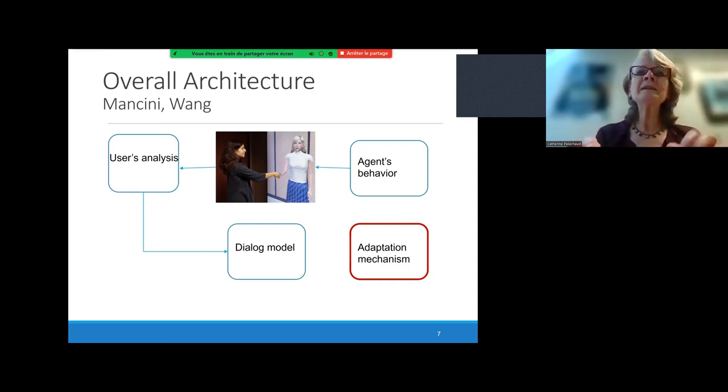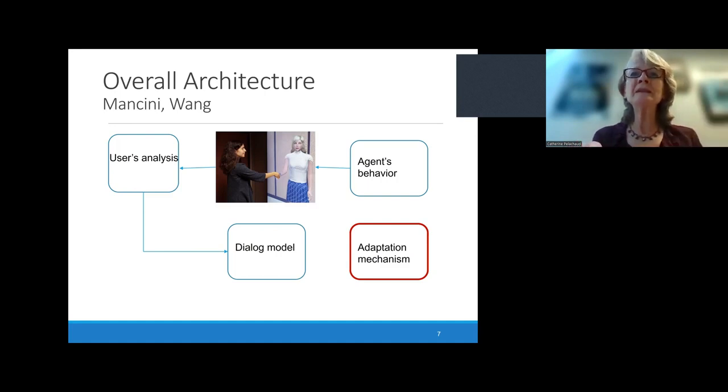The signals extracted and interpreted are sent to the dialogue model that triggers what the agent should say next. Afterwards, our agent platform computes the instantiation of those intentions into multimodal behaviors. And we have an adaptation mechanism here.